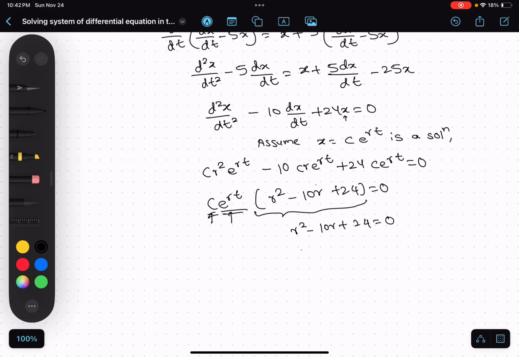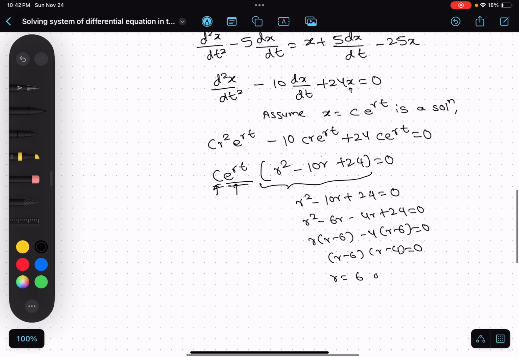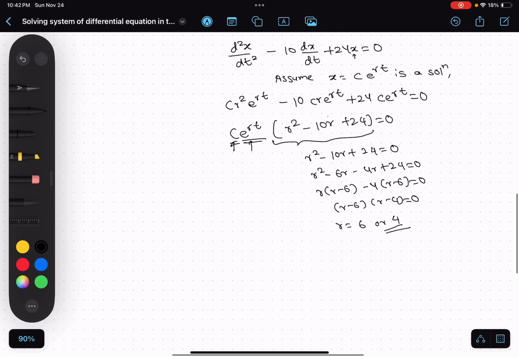This will be r² - 6r - 4r + 24 = 0, so r(r - 6) - 4(r - 6) = 0, which gives (r - 6)(r - 4) = 0, and r is equal to 6 or 4. So that means there are two choices for r.